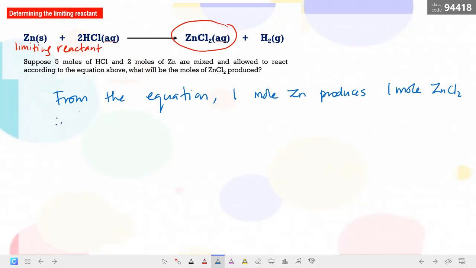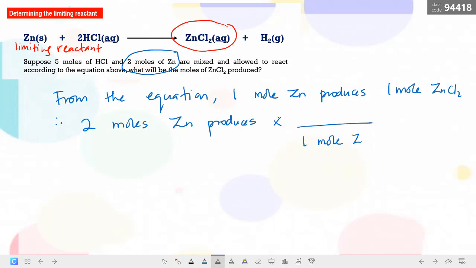Okay, thus, if you have 2 moles of zinc, stated here, provided, available. Okay, 2 mole of zinc produces how many moles of zinc chloride? So, bagi yang tak nampak, maksudnya kat sini, divide by 1 mole zinc times 1 mole zinc chloride.